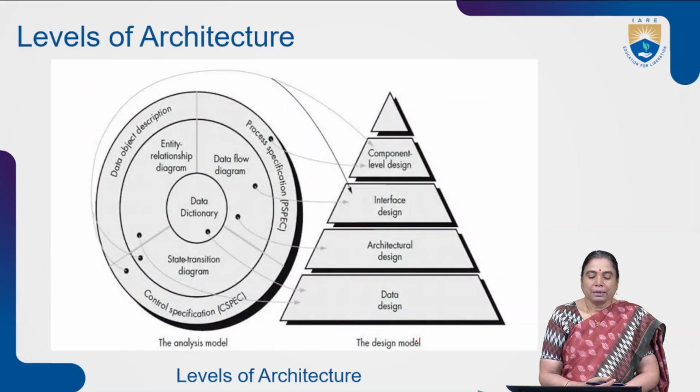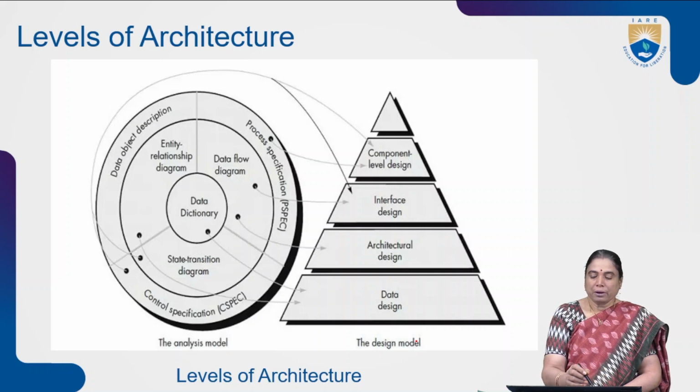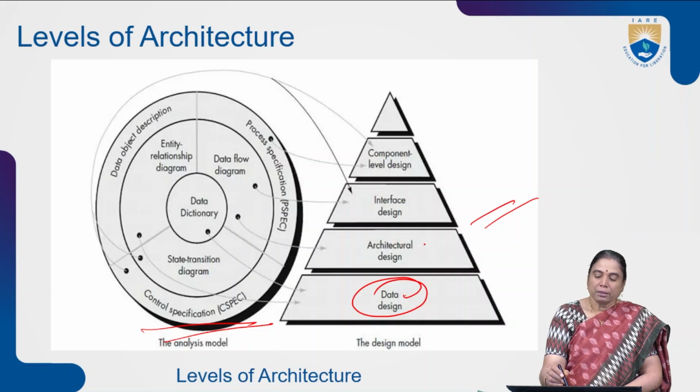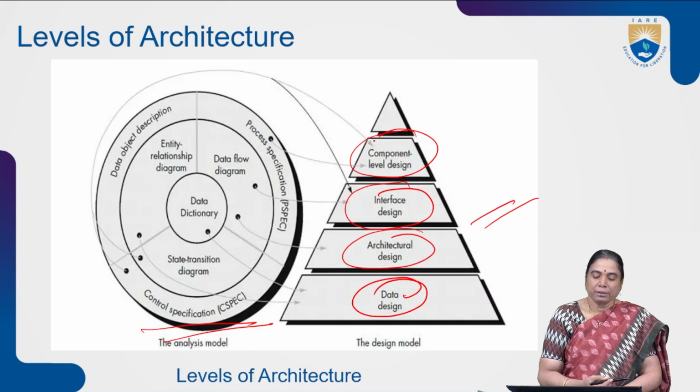The levels of architecture: generally during the requirement model, the basic elements that can be identified are scenario based elements, class based elements, and behavioral elements. Those elements are mapped from the analysis model into the design model. The design model majorly consists of data design as the basic bedrock for the process, and the architectural design, interface design, and component level design.